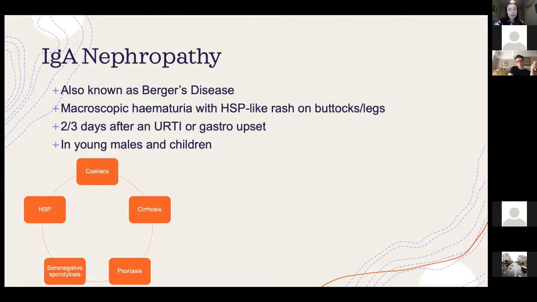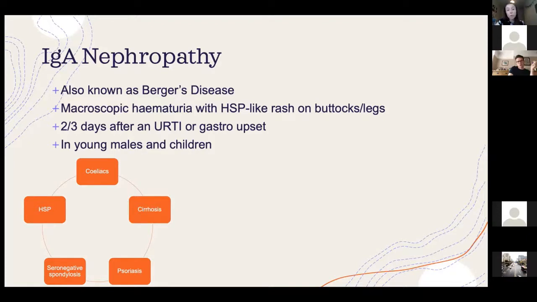The main risk factors and causes associated are HSP and vasculitis, but you also want to consider other autoimmune underlying factors, like celiac disease, psoriasis, and other seronegative spondyloarthropathies.